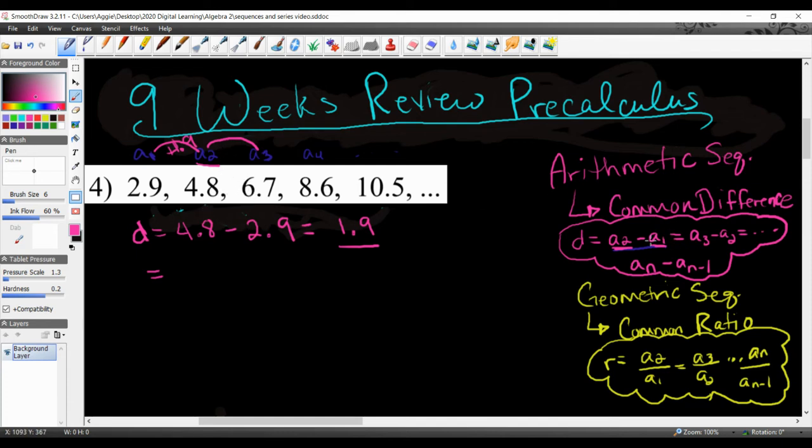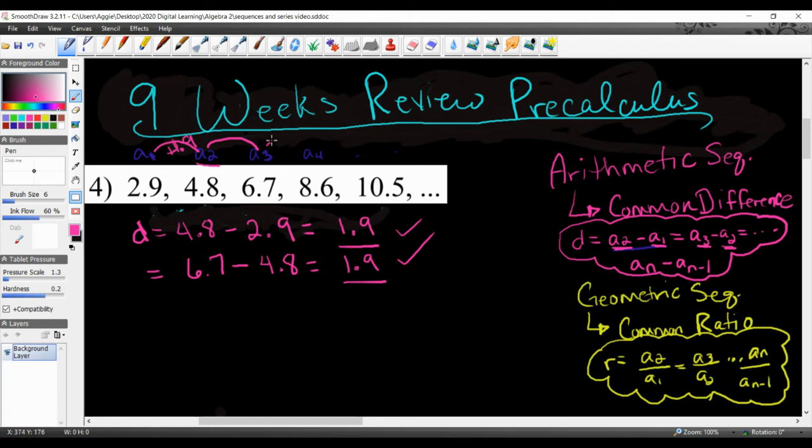To check, we subtract: A3, our third term, 6.7, minus A2, our second term, 4.8. You can use a calculator or do it in your head. It's again a little bit under 2, which is 1.9. So far so good.